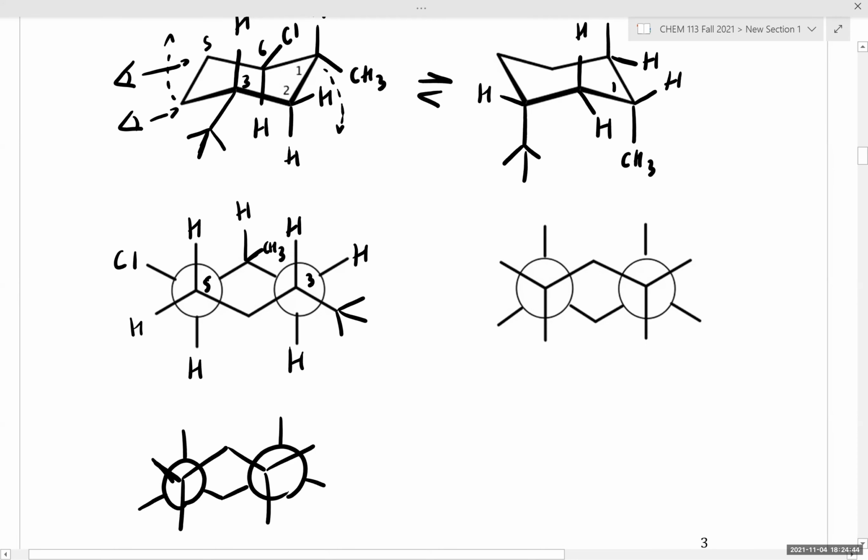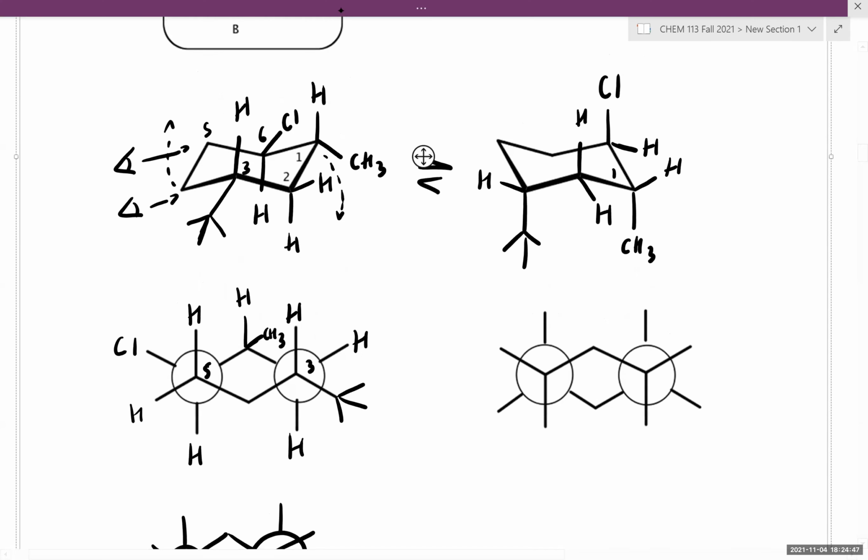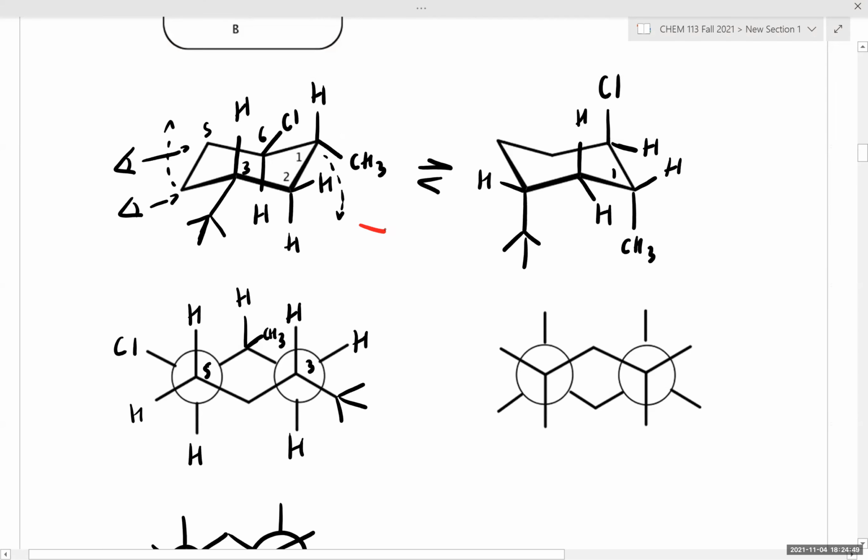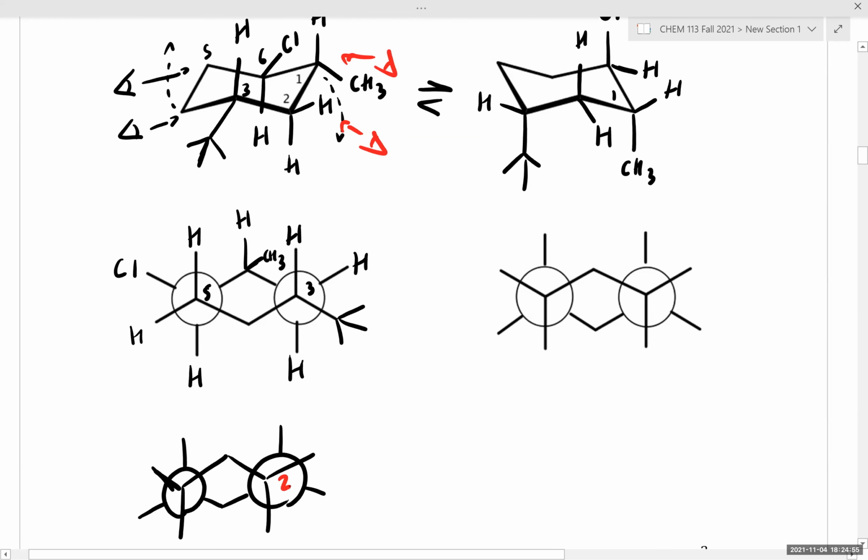If you look down this alternative view, your Newman projection drawing would look a little bit different. So carbon 2 and 6 would be in front, and in turn, you'd have your hydrogens. Carbon 3 would be behind that.